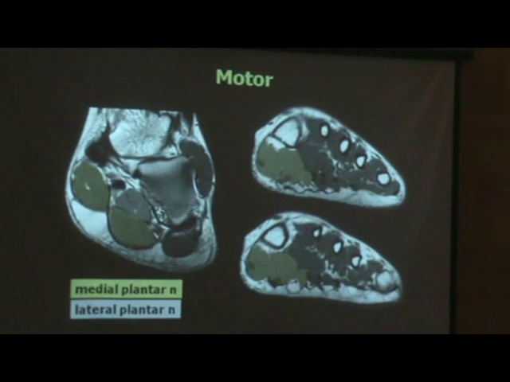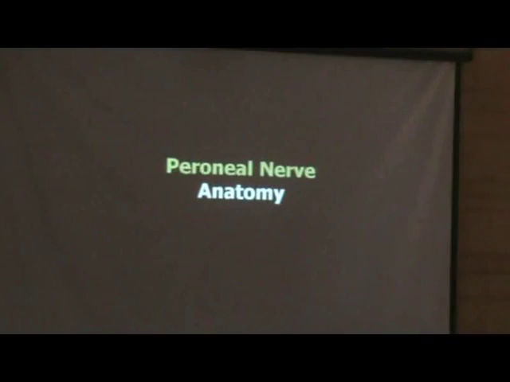So this one here, quadratus plantae, the abductor digiti minimi, and all the other muscles, the adductor hallucis brevis, the flexor digiti minimi, the other lumbricals, and the main interosseous muscles. All of those, the motor innervation is carried by the lateral plantar nerve.